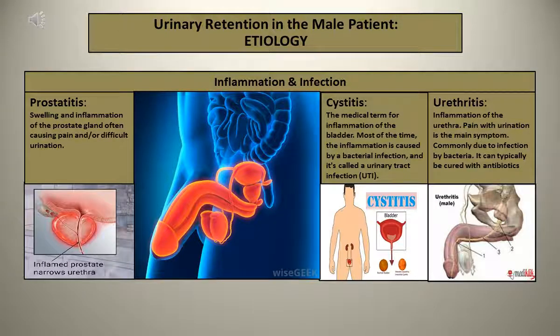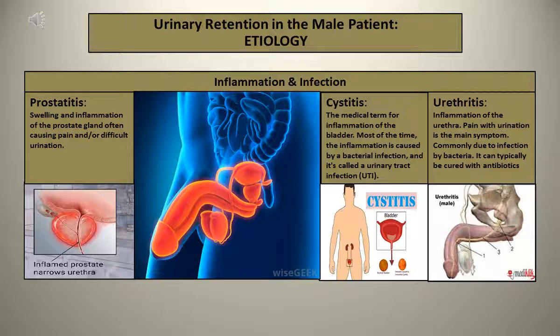Other common causes of urinary retention include prostatitis, cystitis, and urethritis. Acute prostatitis, the most common of the three, is usually caused by gram-negative organisms such as Escherichia coli and Proteus species, and it results in swelling of the acutely inflamed gland.